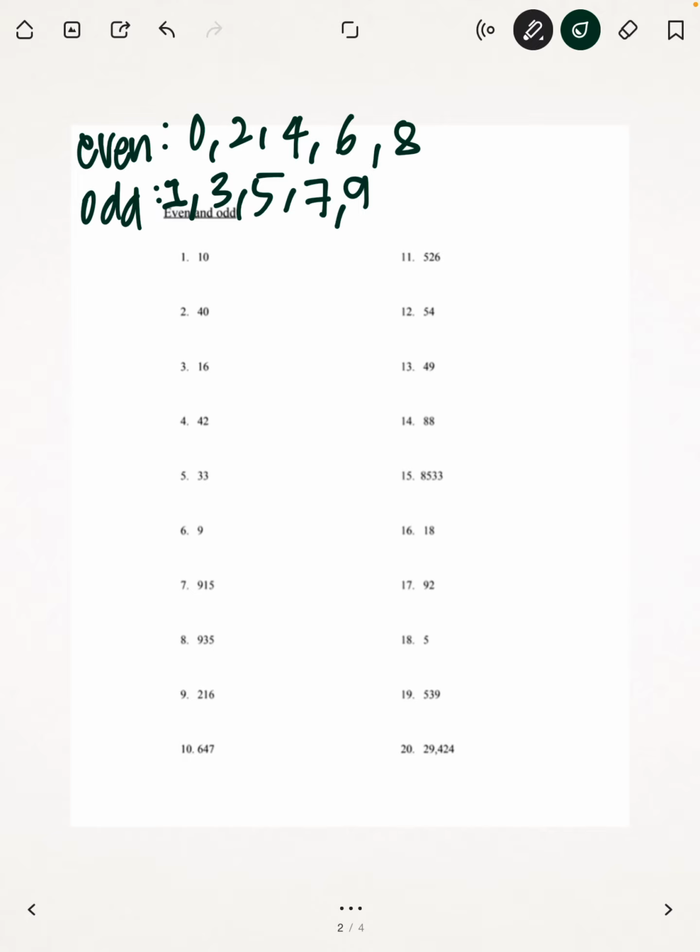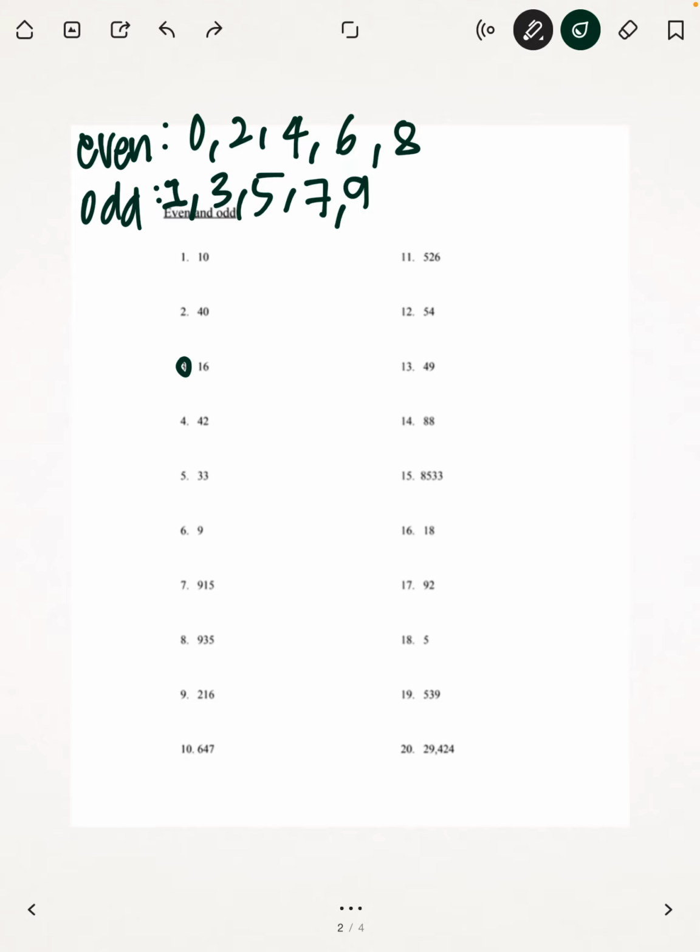So let's do some example problems to see if we know what an even and odd number is. So we're going to first do number 3, 16. When you're trying to figure out if it's an even or odd number, you look at the last number. So in 16, since 6 is the last number, we see is 6 an even or odd number, and 6 is an even number as we stated before.